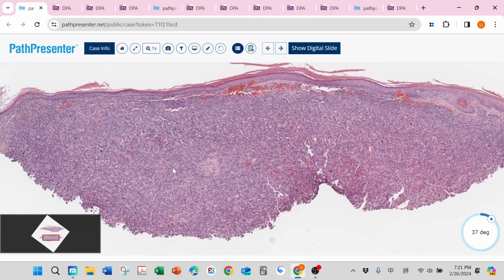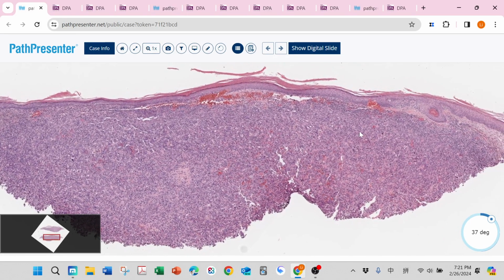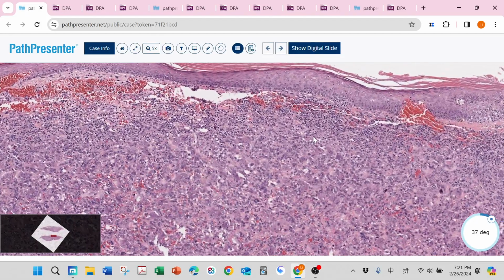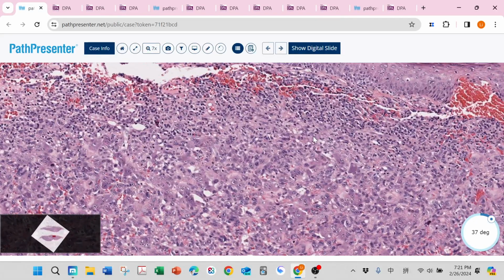If this same spindle cell neoplasm goes down deep, that is pleomorphic dermal sarcoma. Since we just have a shave biopsy, based on the sample we can make a diagnosis of AFX but cannot rule out pleomorphic dermal sarcoma.